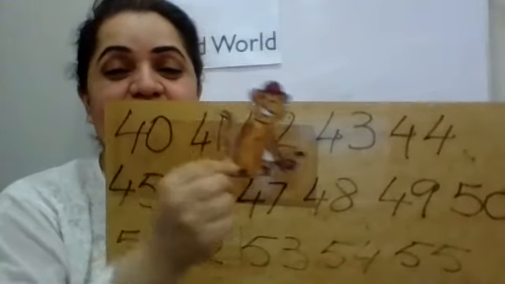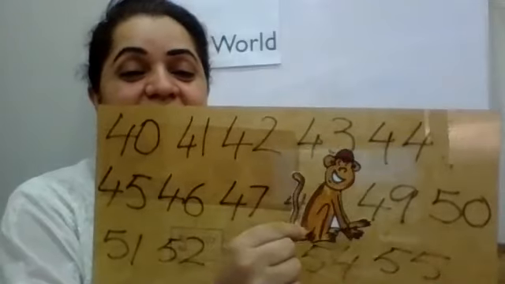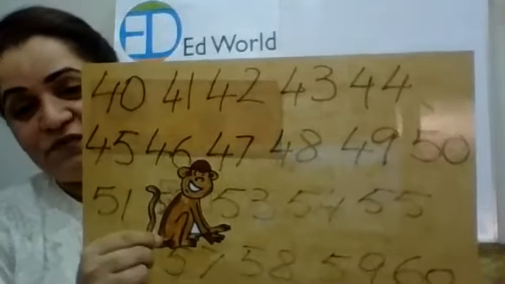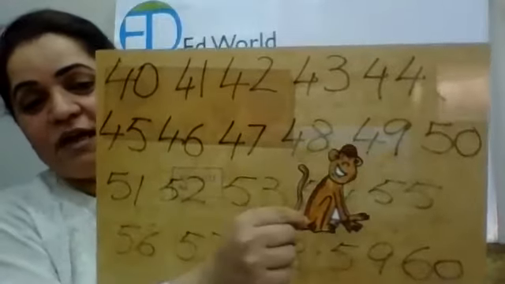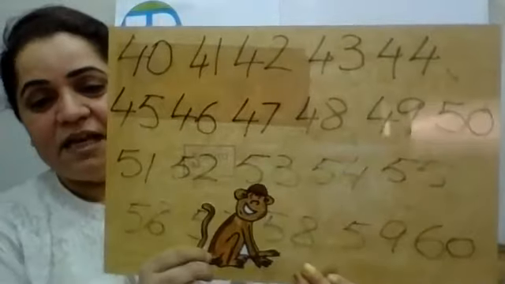Okay, now 40, 41, 42, 43, 44, 45, 46, 47, 48, 49, and 50, 51, 52, 53, 54, 55, 56, 57, 58, 59, and 60.